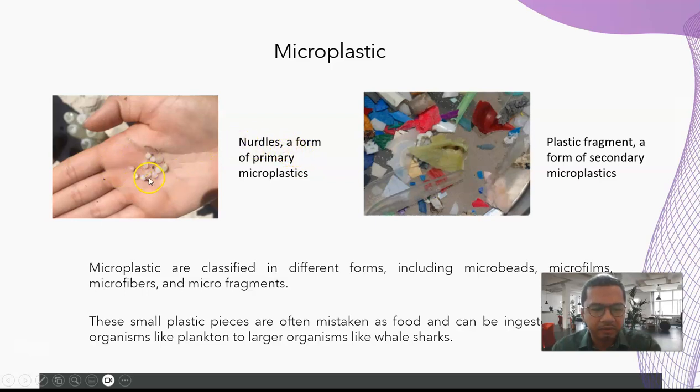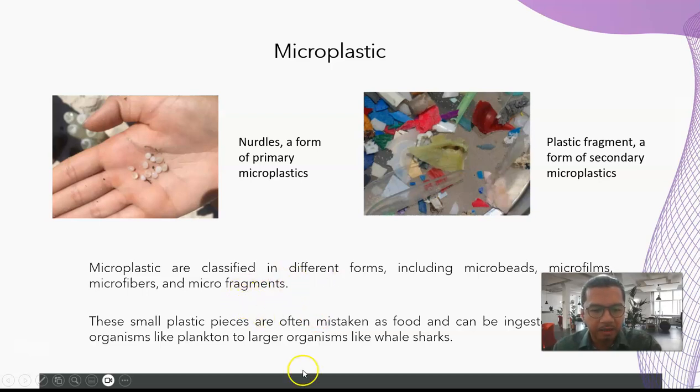As we can see here, this is a primary microplastic in the form of noodles, and the other figure is a secondary microplastic, basically plastic fragments. And microplastics can be classified in different forms, including microbeads, microfilms, microfibers, and microfragments.